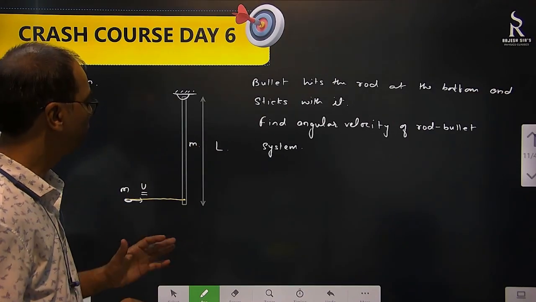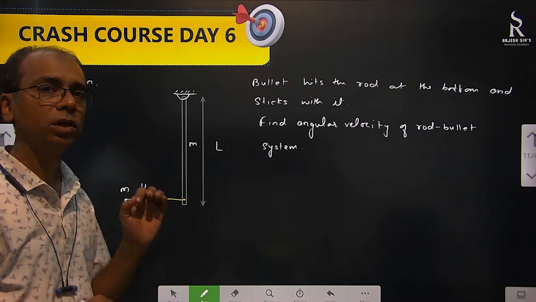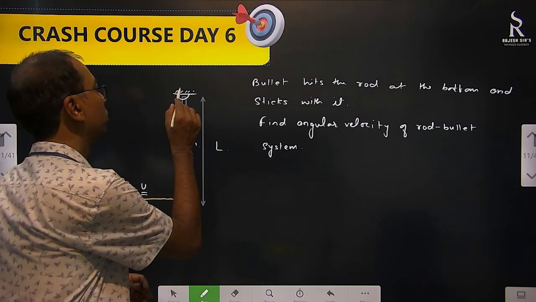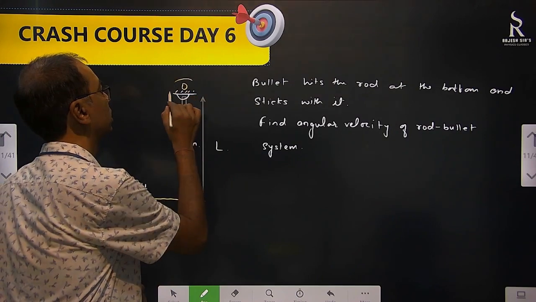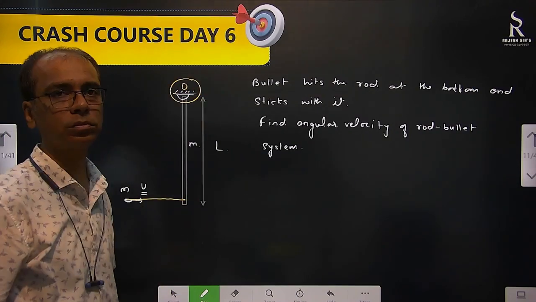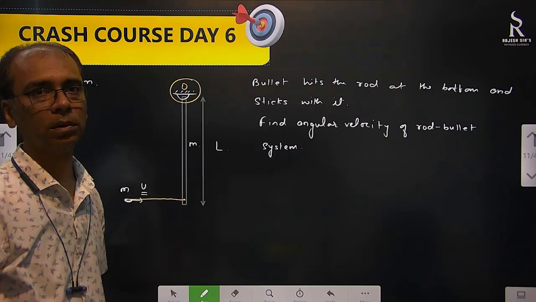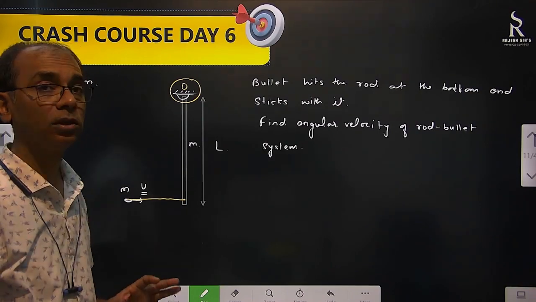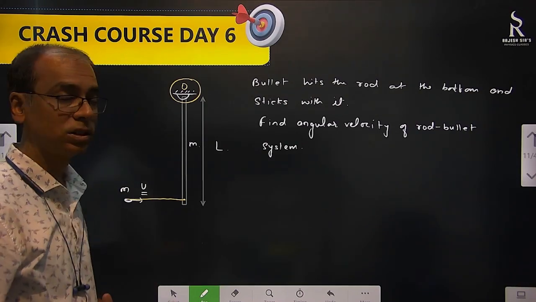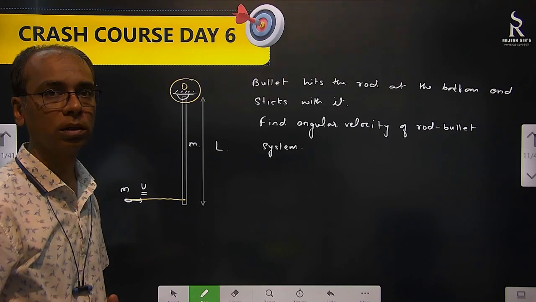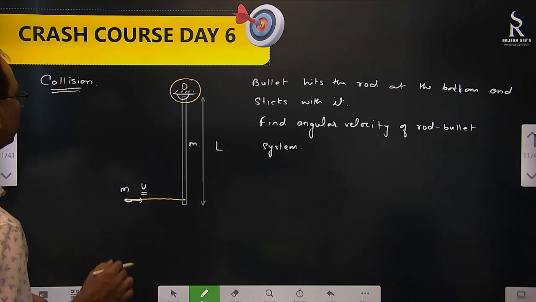Fine. Now what are we trying to do? I am going to conserve angular momentum about point O, the suspension point. So the question is, is there any external torque acting during collision? No external torque. See, during collision what is happening?